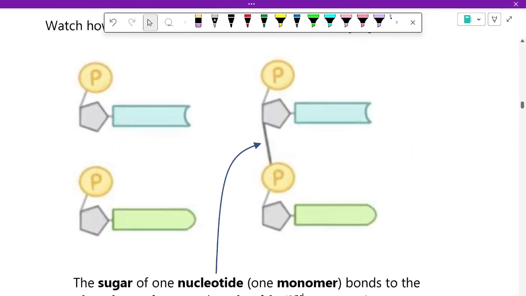So what we've got is one nucleotide, and a second nucleotide, and what happens is that we just draw a line between them, and that is a covalent bond. So they stick to one another.